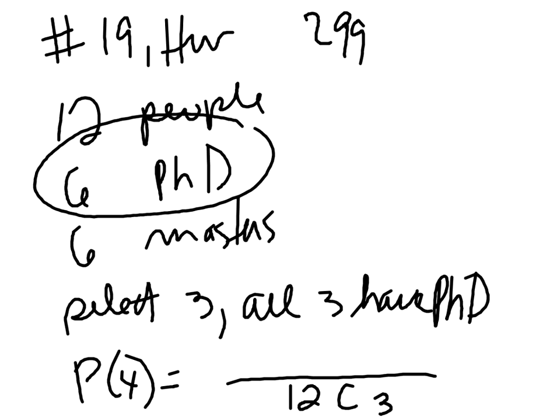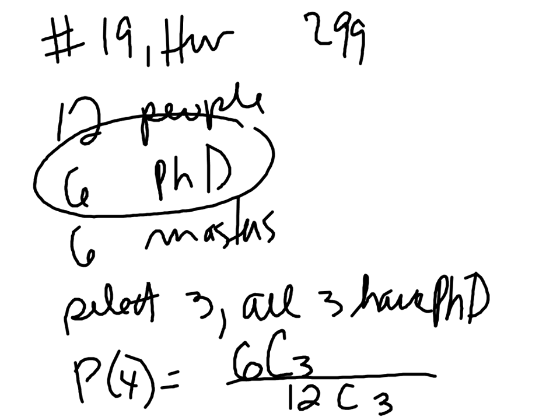There were a total of 6 PhDs and 6 master's, so when we're talking about the PhDs, we're choosing all 3, and we want all 3 of them to have a PhD, choosing from the 6 that have a PhD.